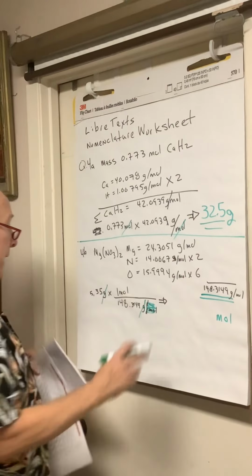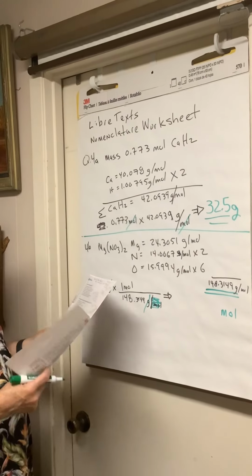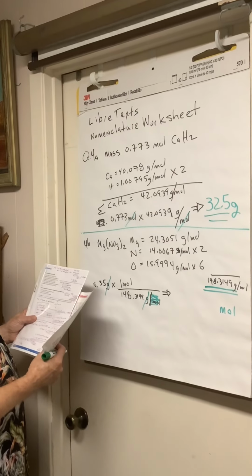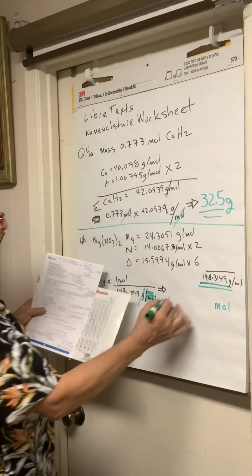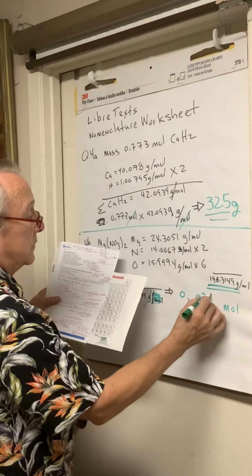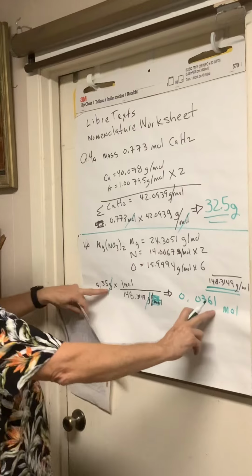And if you do the math, 5 divided by 148.3149, you get 0.0361. 3 significant figures.